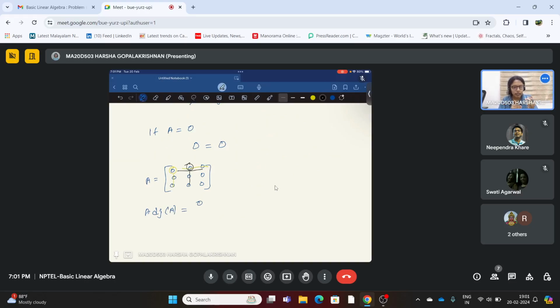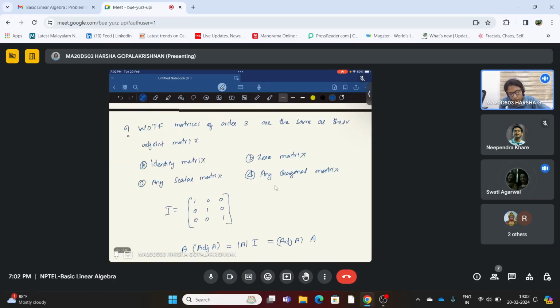Adjoint means the transpose of the cofactor matrix. So corresponding to this 0 we got 0 cofactor, and in the same way everything is 0: 0 0 0, 0 0 0, 0 0 0. You can do the calculation if you want, but from here you can understand it will come 0 only. So adjoint of A is also 0.